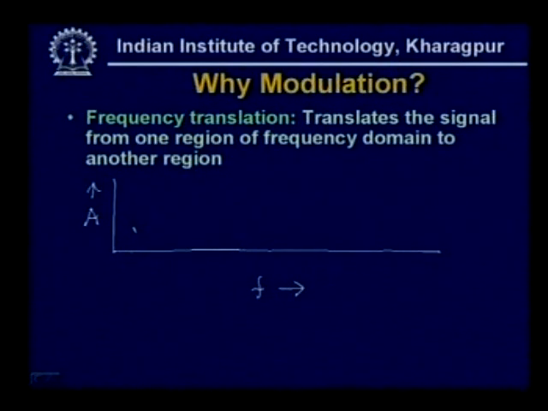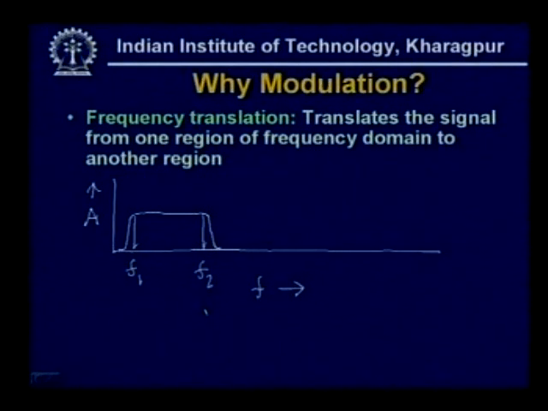Now, suppose you have a signal with frequency range, say f1 and f2. So, this is the range of frequency, and you have frequency components from f1 to f2.